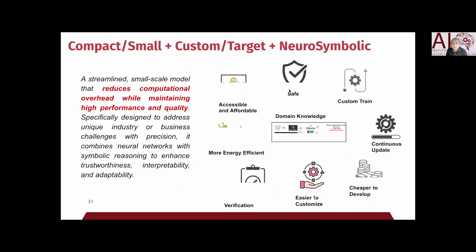So bringing all these three together, we are developing these streamlined small scale models that reduce computational overhead while maintaining high performance and quality.